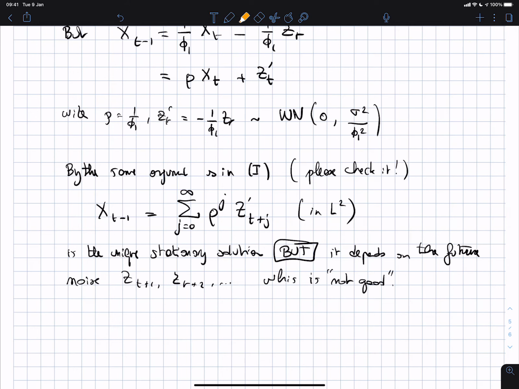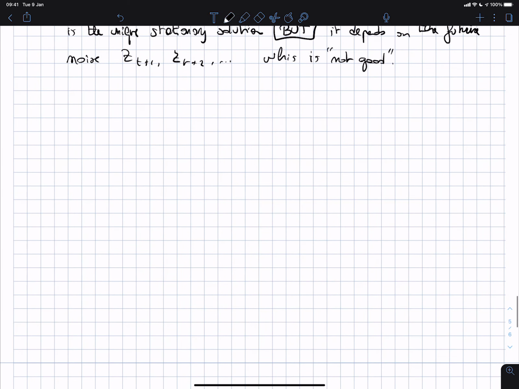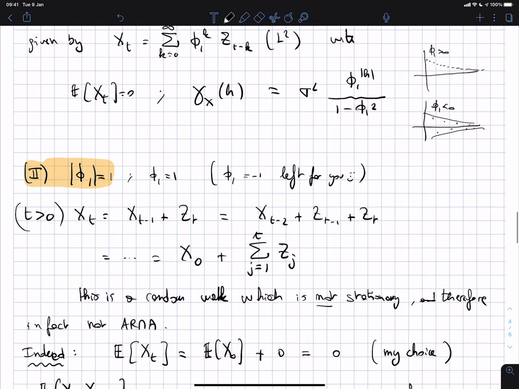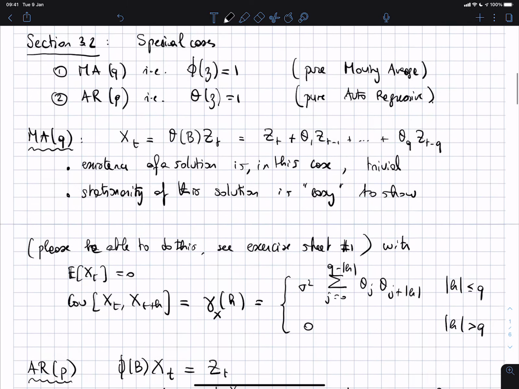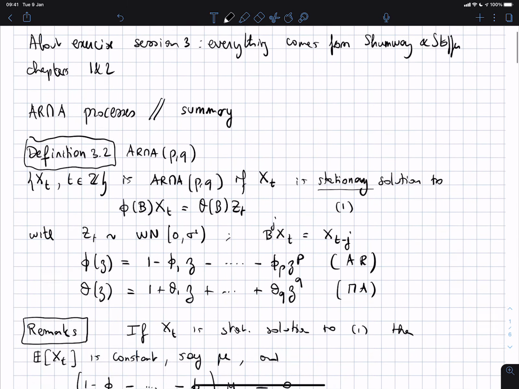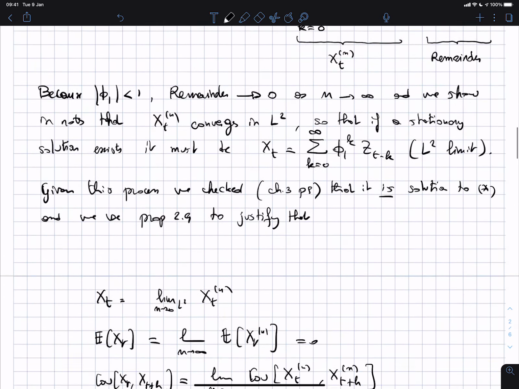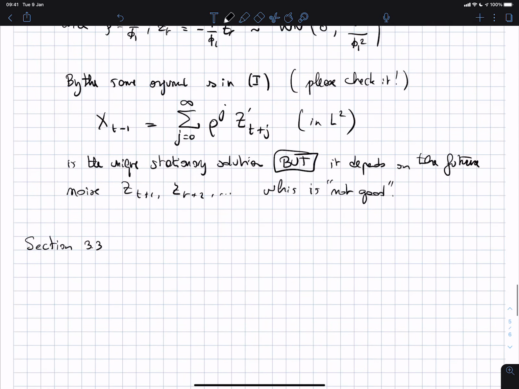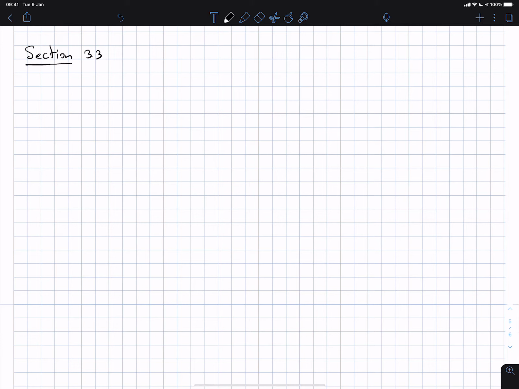Okay, so this leads us to section 3.3, causality.